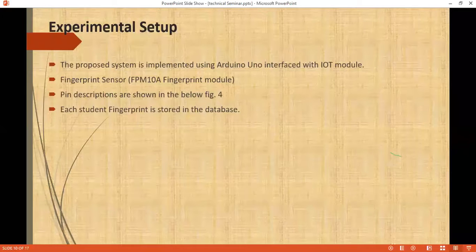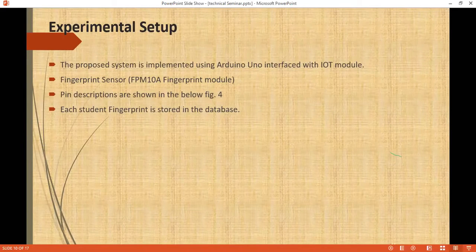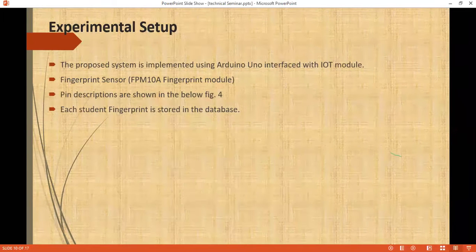Experimental setup. The proposed system was implemented using an Arduino Nano, interfaced with an IoT module and a fingerprint sensor. The fingerprint sensor was the FPM 10A fingerprint module, and the necessary pin description is shown below. Each student's fingerprint is stored in the database.